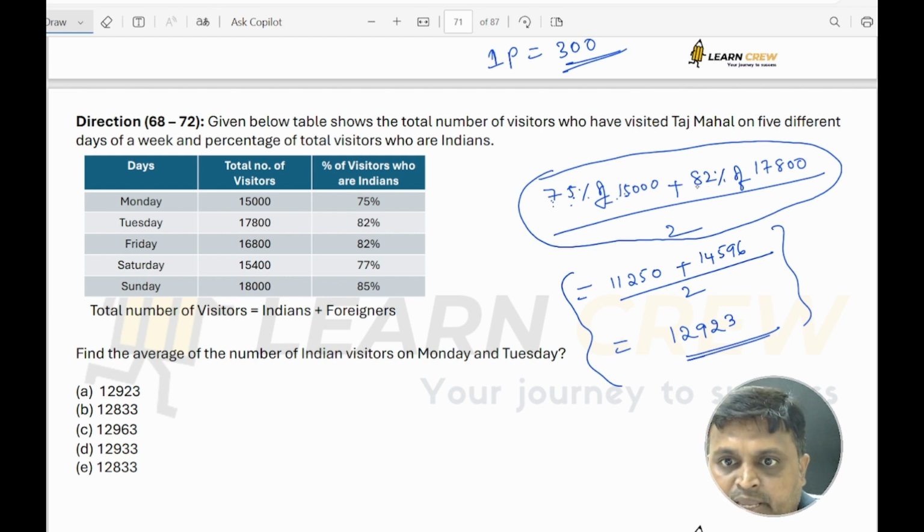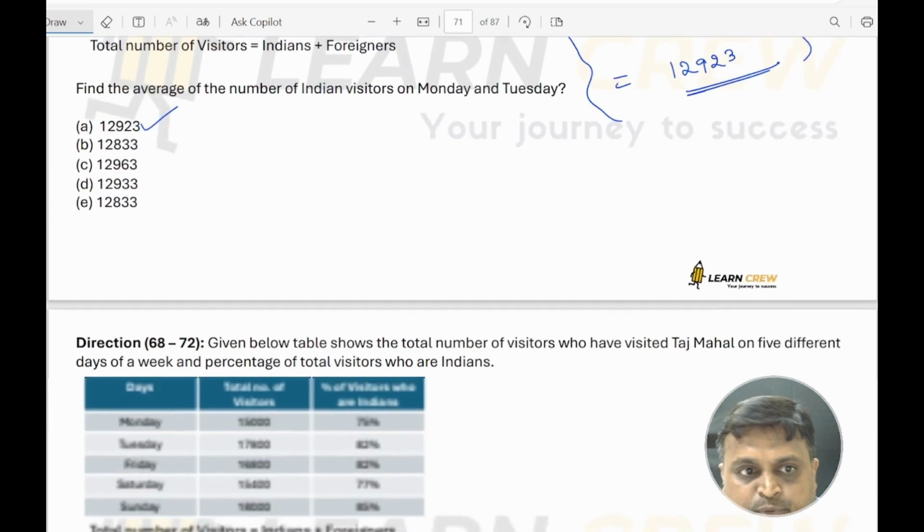Here it is 0. 8 plus 2 is 10, which means 1. 8 plus 7 is 15, plus 1 is 16, which means 7. 7 into 1 is 7, by 2 means 3.5, which means the digital sum is 8. Among the options, look here: 9 cancels, 3 plus 2 is 5, plus 2 is 7, plus 1 is 8. So the answer is A. I don't calculate any value; simply with the help of the digital sum I am doing it.